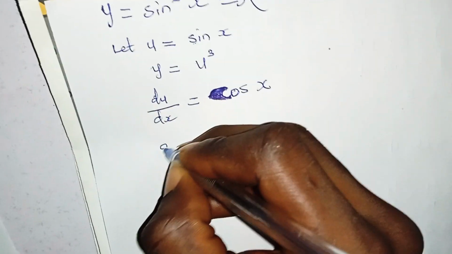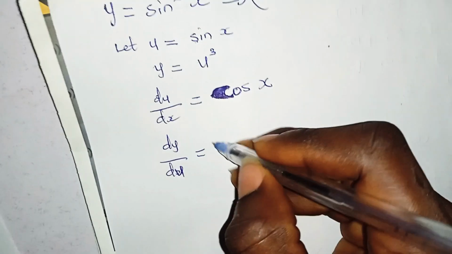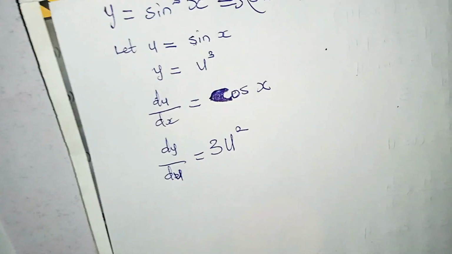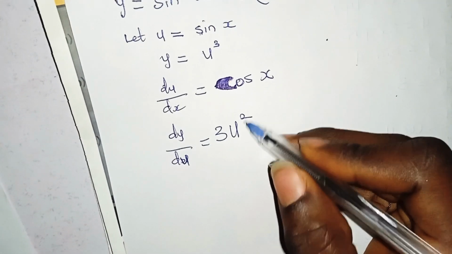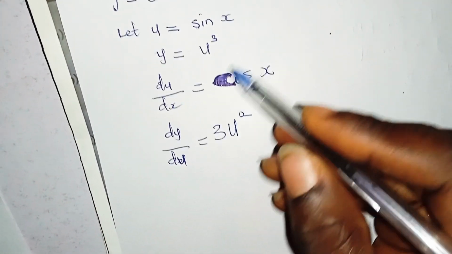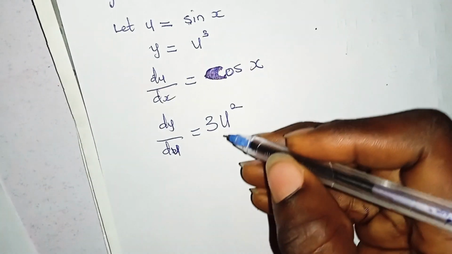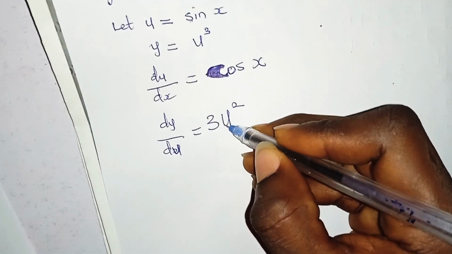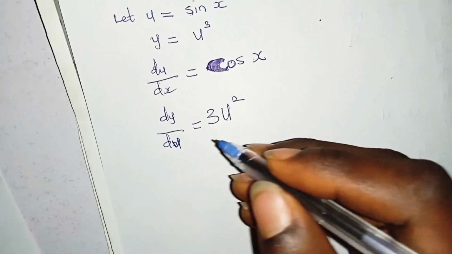Now for dy/du, this is going to be 3u squared. And notice that the u here is the sin they are talking about. So the u here is a sin that is inside it.